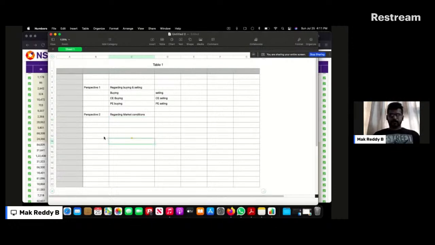Okay. The market is moving up or moving down. Moving up is also called an uptrend. Moving down, we call it a downtrend.